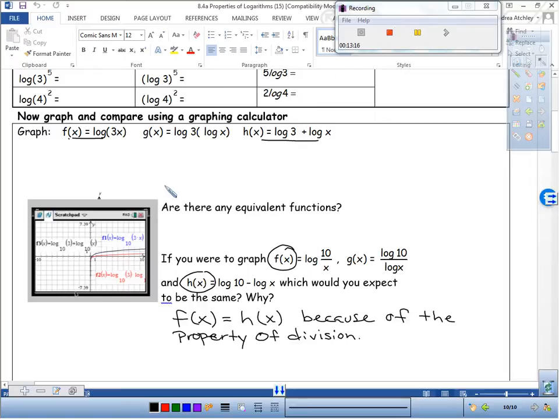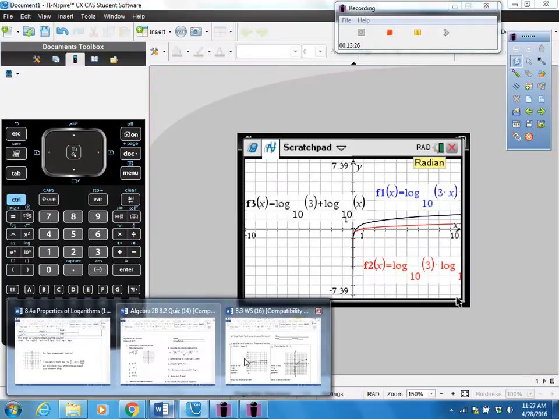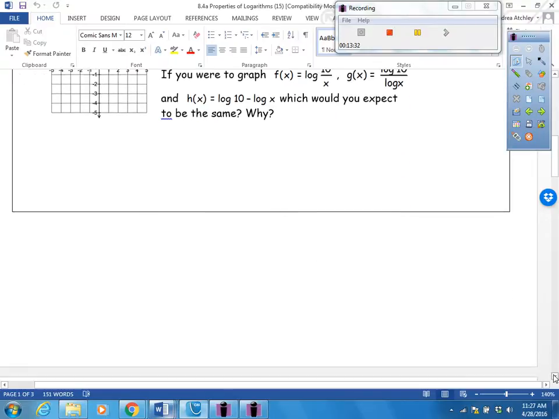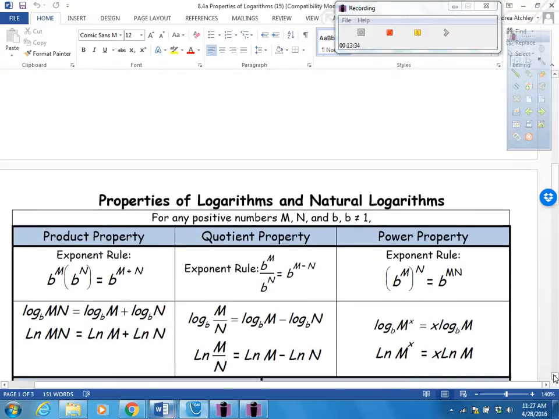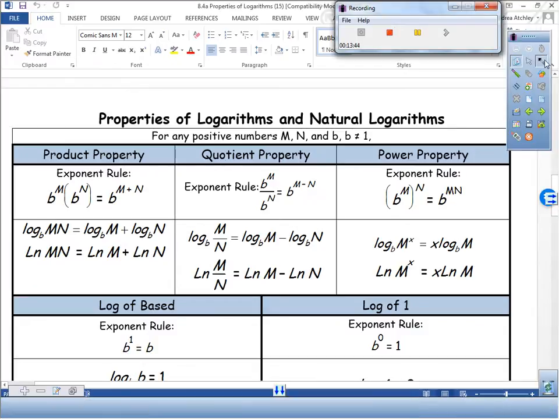Okay, so we just discovered our log properties. On the back, I gave them to you. So we have our product property, which is right here. And the product property follows when I have exponents, because remember, exponential functions and logarithmic functions are inverses of each other, so their properties are similar as well.